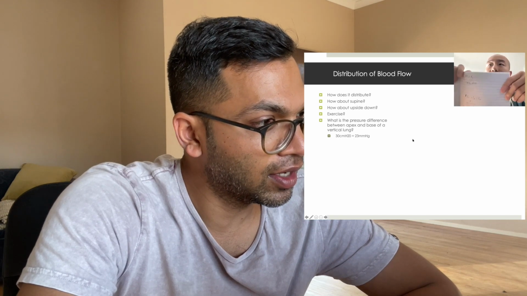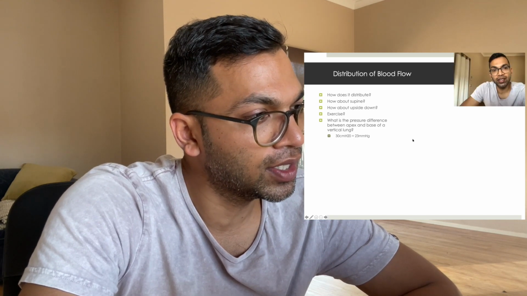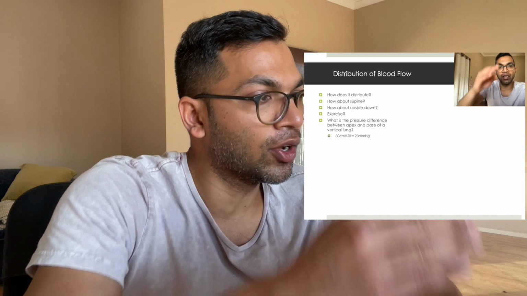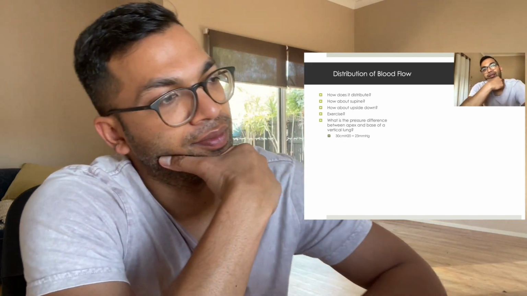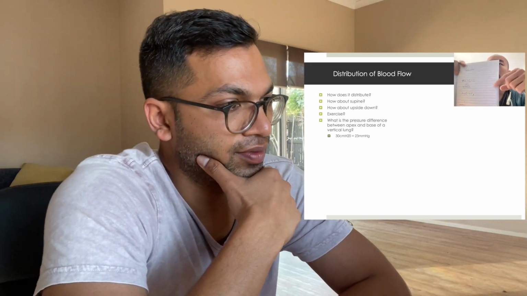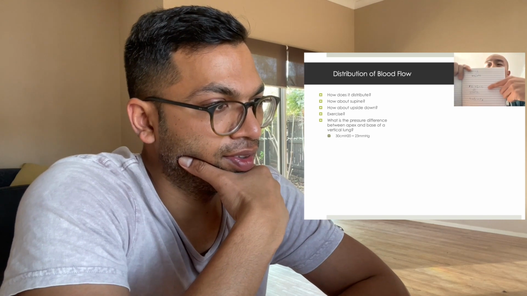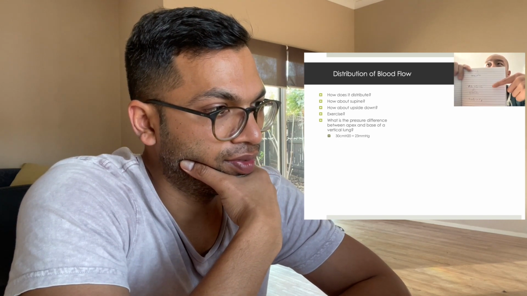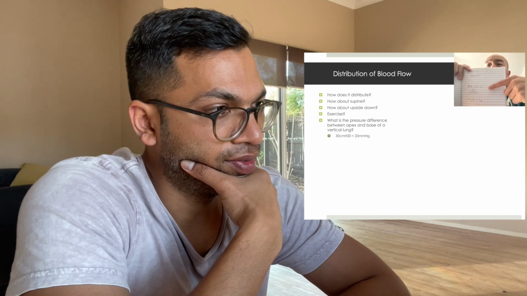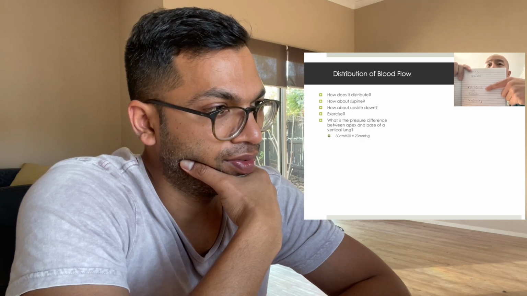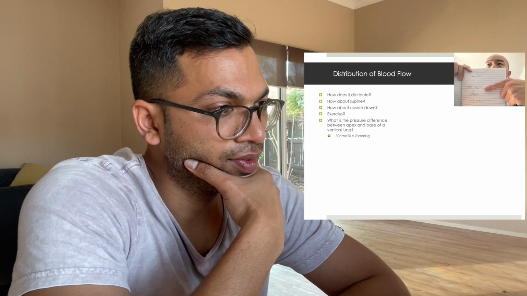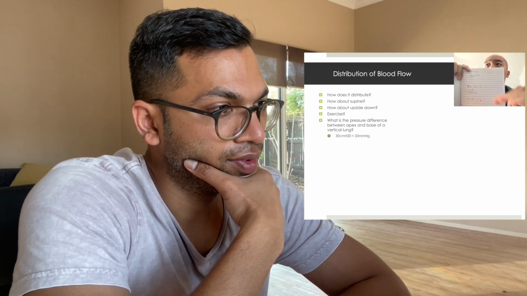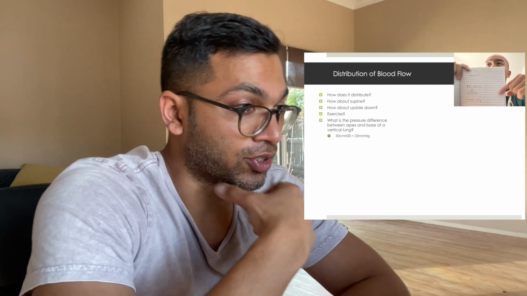And why does flow increase going down West Zone 2? Because with gravity, the hydrostatic pressure within the individual alveolar arterial supply is going to be higher just from the columnar fluid effect. Good.